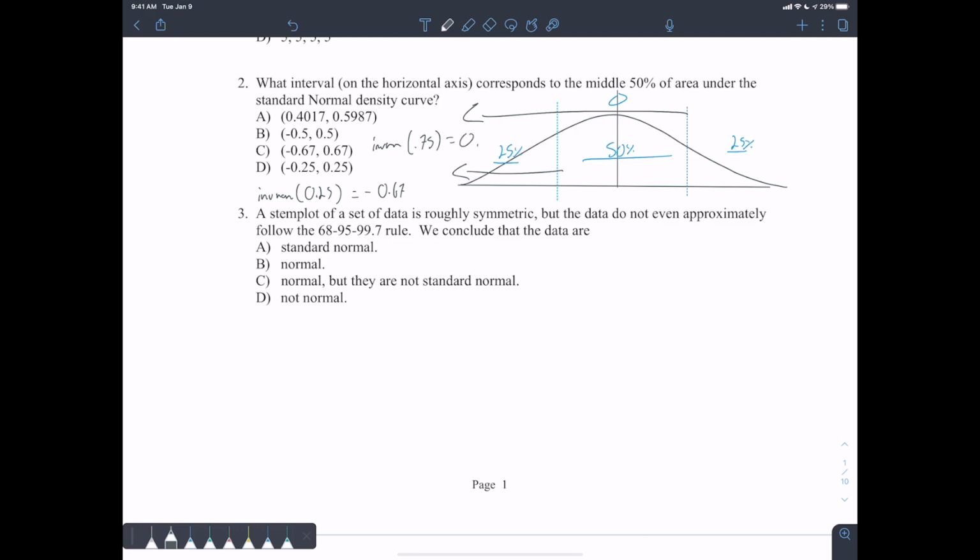It's just going to give you the same number but positive 0.67. So that interval is going to be here because on a standard normal density curve, these z-score values are going to be associated with the actual standard deviations themselves because it's just 1 and 2 and 3 and -1, -2, and so on. So that is that.